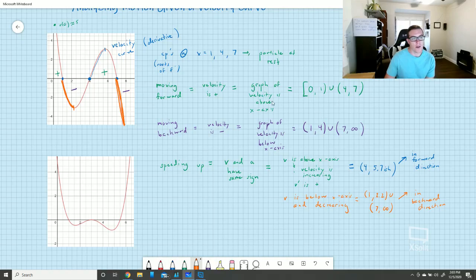Now in the discussion, I ask you a really important question about what you think is going on in terms of, if I have a velocity curve, can I find anything about position? Right now, as we are in the class, we don't know anything about position if I have a velocity curve.